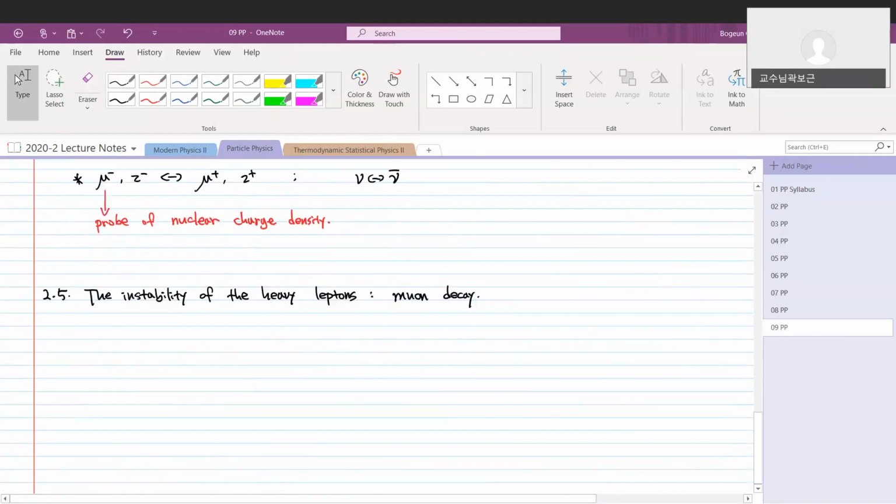Because they have a charge, they have a relation between the electron and weak interaction.